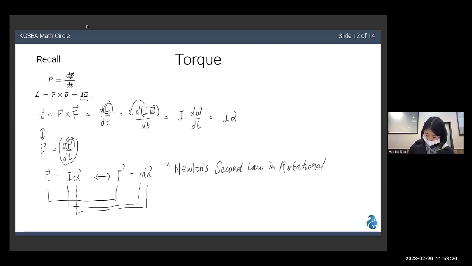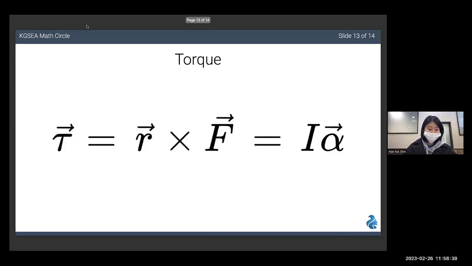Of motion of a rigid body. So that's why we have these following equations.